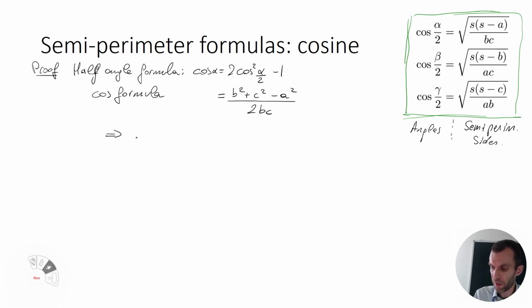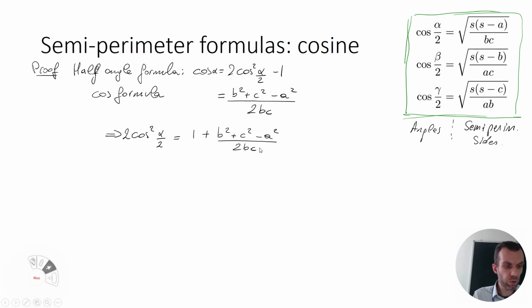So from that I have that 2 times cosine squared alpha over 2 is 1 plus b squared plus c squared minus a squared divided by 2bc.